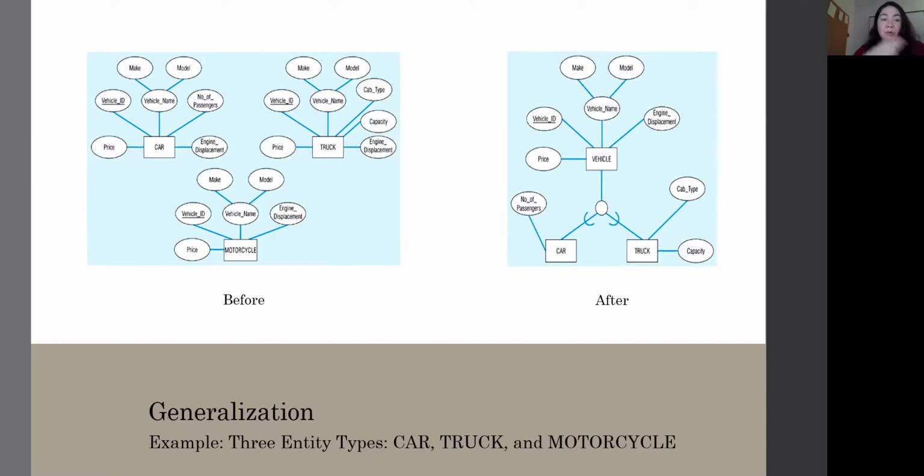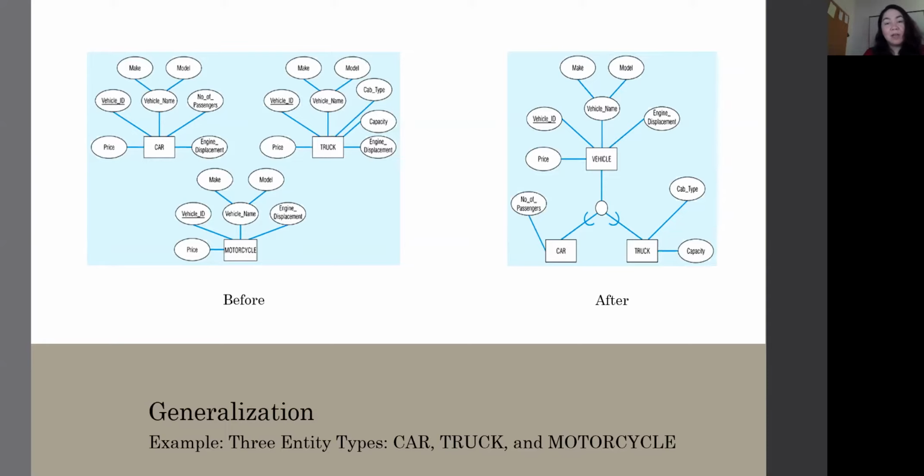And so if you switch them from the before to the after, you see that vehicles have all of these attributes in common. And then we split off and see that cars uniquely have the number of passengers, and trucks uniquely have the cab type and capacity. But wait, what happened to the motorcycle? Well, before we said that a subtype needs to have a unique attribute.